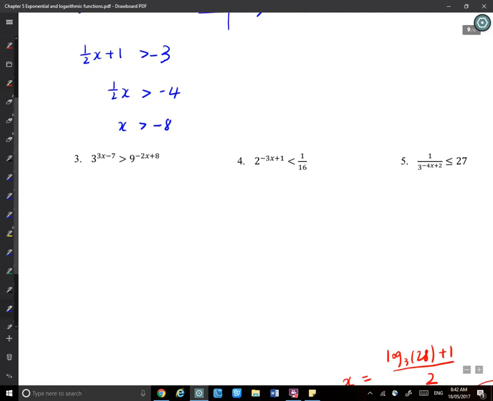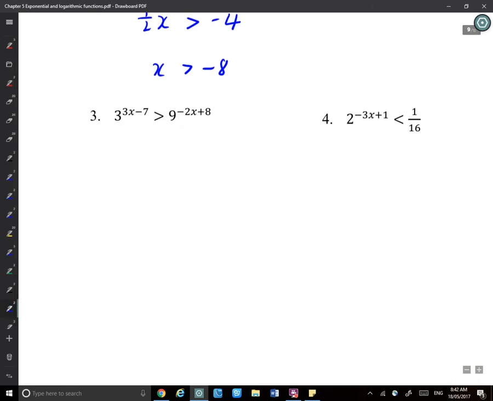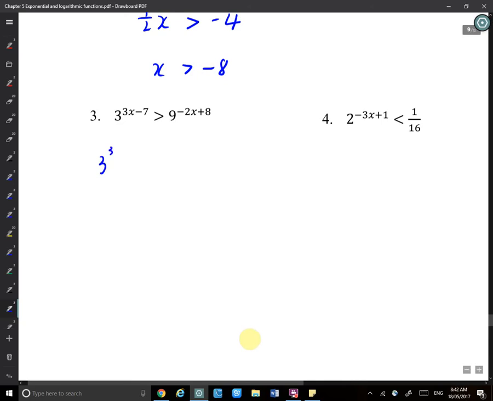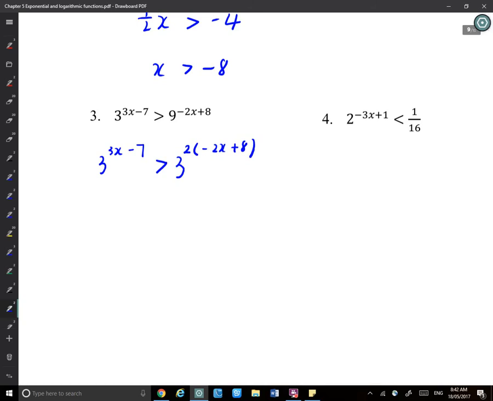So for the next one, you have 3 and 9 as your base. So 9 can become base 3. So that's 3 to the power of 3x minus 7, and that's 3 to the power of 2 times minus 2x plus 8. Same base, greater than 1.